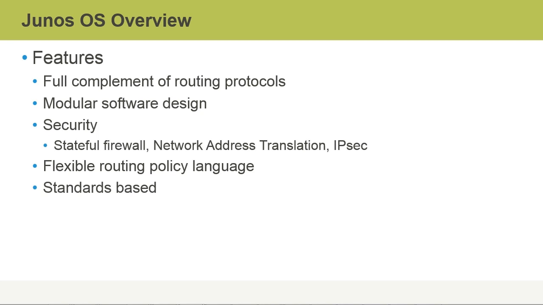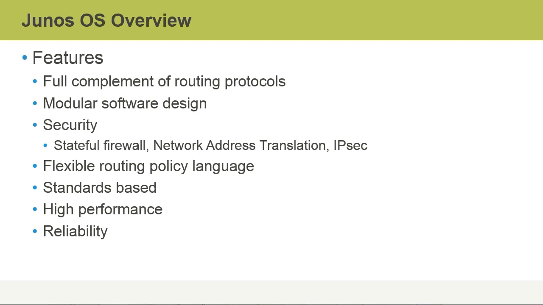Junos operating system follows industry standards. For example, things like routing and multi-protocol label switching, industry standards as would be expected of a world-class platform like Junos. Junos also provides, as you would expect, a very high level of performance.